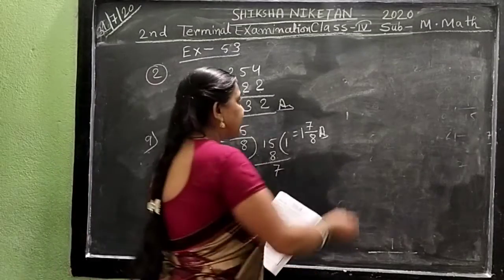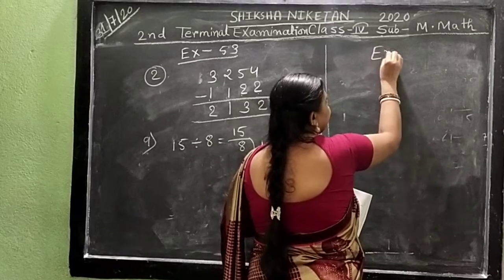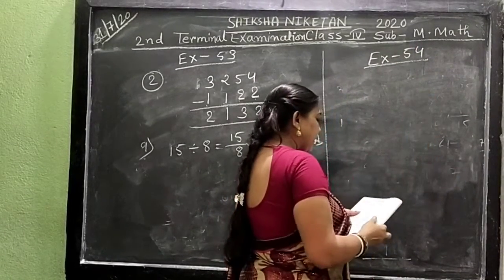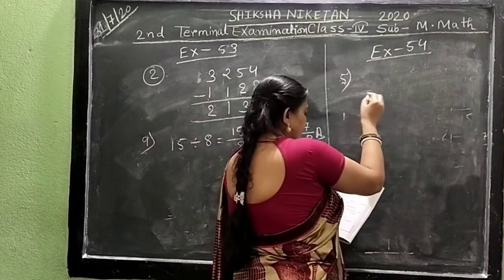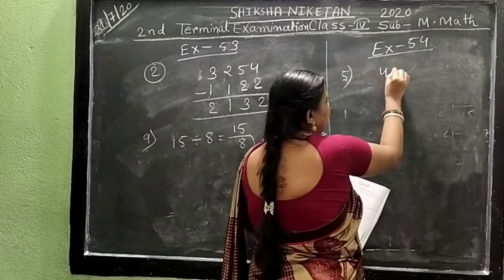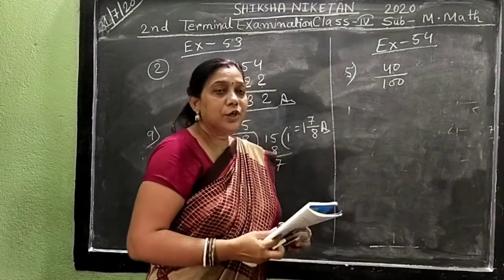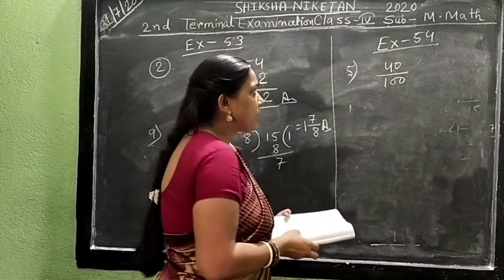I solve exercise 54. I solve the exercise 54's math number 5. Reduce 40 by 100. Reduce means lowest term.